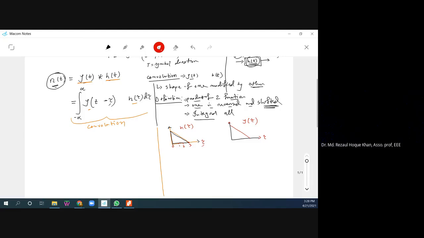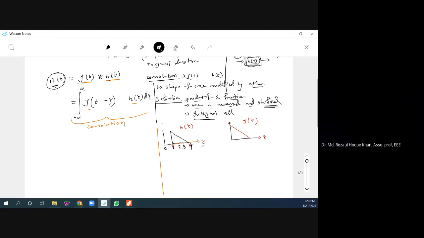H goes, and y also does the same. Imagine we are starting from here. For a better understanding, let's modify it a little bit so that we understand the reference. Imagine this is 0, this is 1, this is 2, this is 3, this is 4.